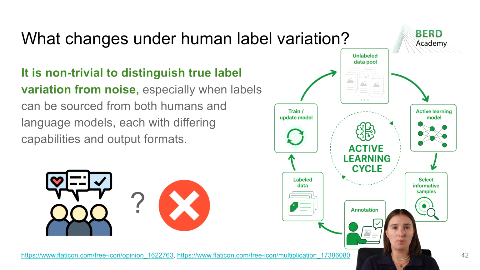So this is really an open question, because if you just observe the variation, it is very difficult to figure out which part of the variation is true variation and which one is error. And this problem is even more severe in an active learning example, because there we really need to figure out, do we collect more labels to reduce an error, or do we collect more labels to represent true variation properly? So this is something to also consider.